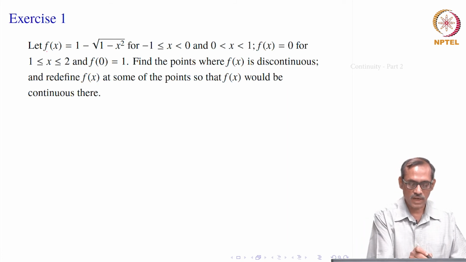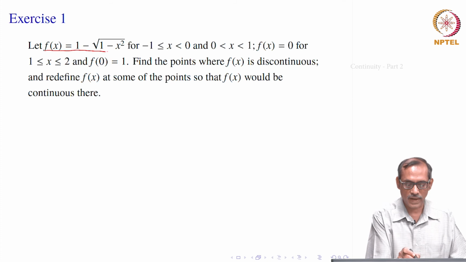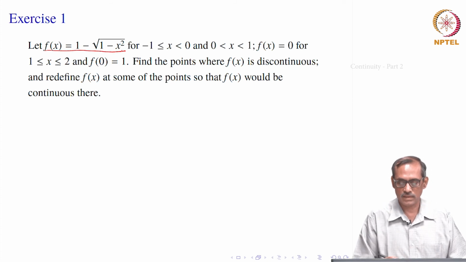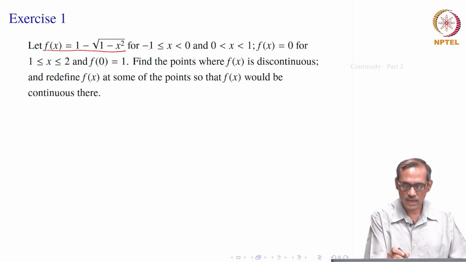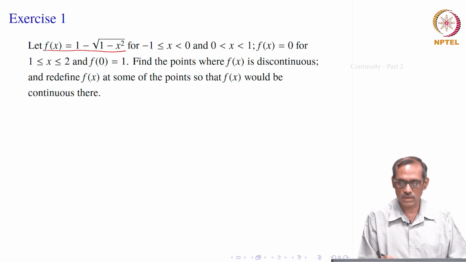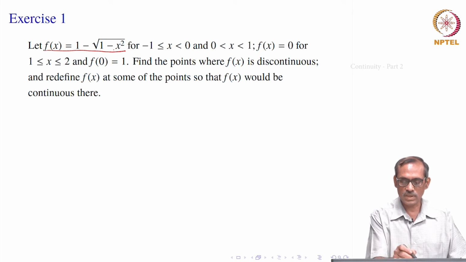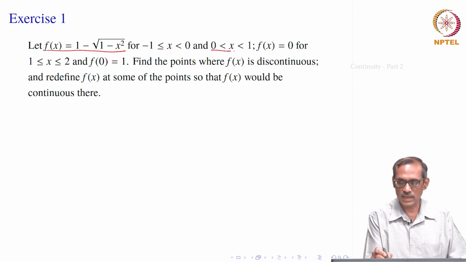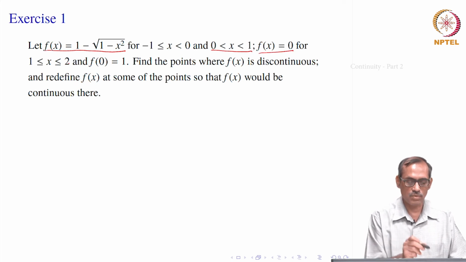Now, let us continue to solve some problems based on these notions. We have a function given as f of x equal to 1 minus square root of 1 minus x square. This is defined in the interval -1 to 0, -1 closed, 0 open. And the same way when it is in the open interval 0 to 1, at 0 only we are not taking that. And f of x equal to 0 for 1 to 2.